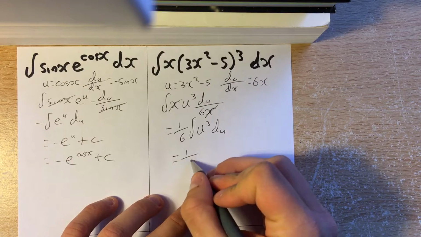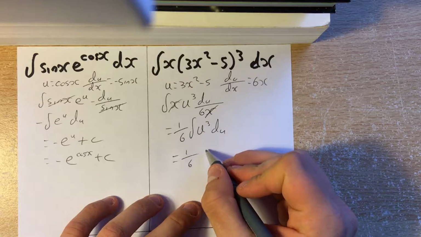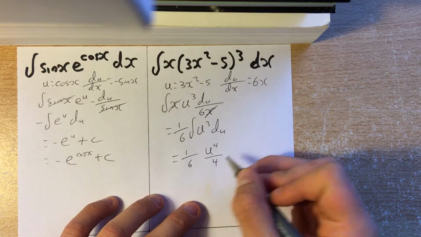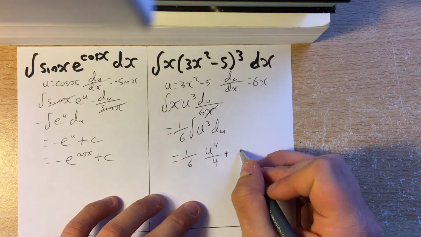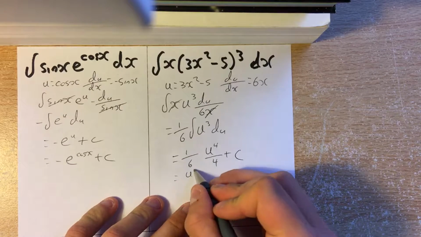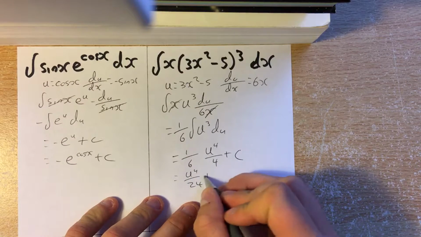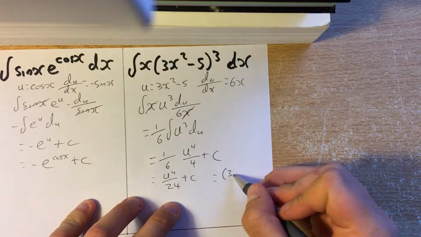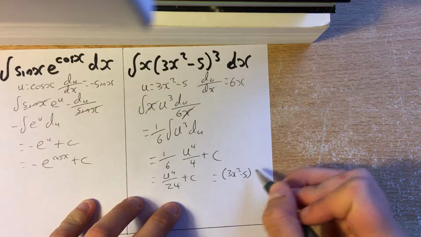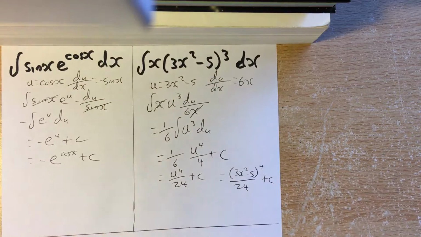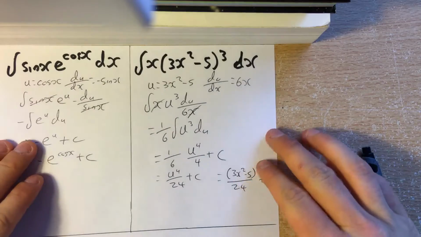So it's just 1 over 6 multiplied by u to the power of 4 over 4 plus the constant of integration. If we simplify this now, we get u to the power of 4 over 24 plus c. And let's fill in what u is. It's 3x squared minus 5 to the power of 4 over 24 plus c. And that's the answer to this problem.